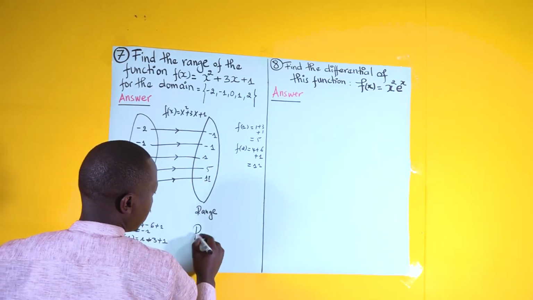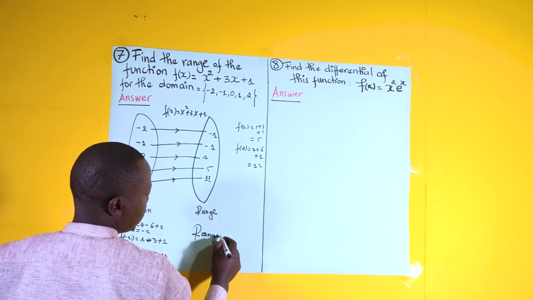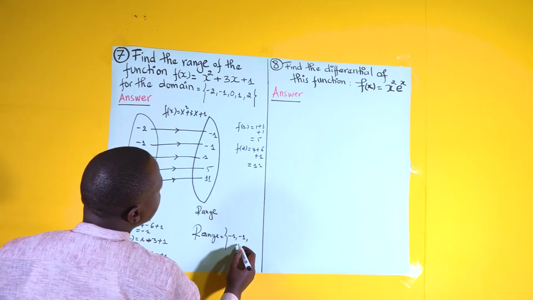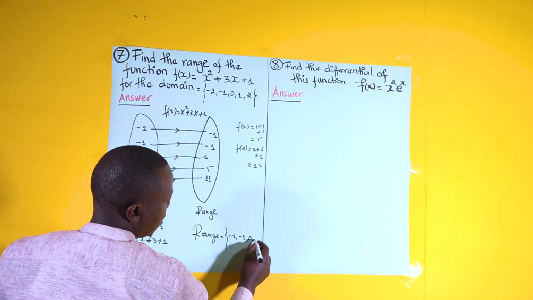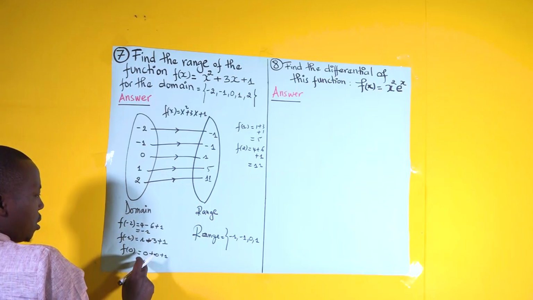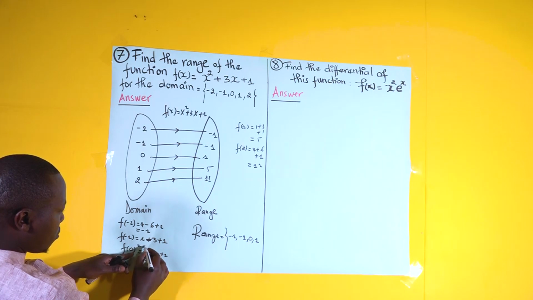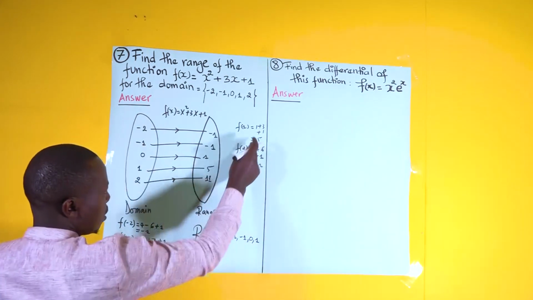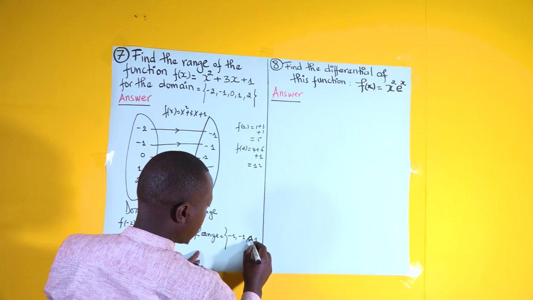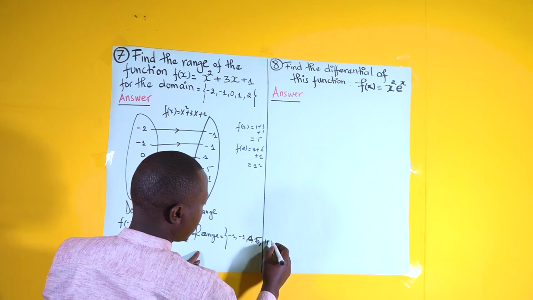So now the range will have negative 1, and then 1, negative 1, negative 1, and then 5, and the next number is 11.